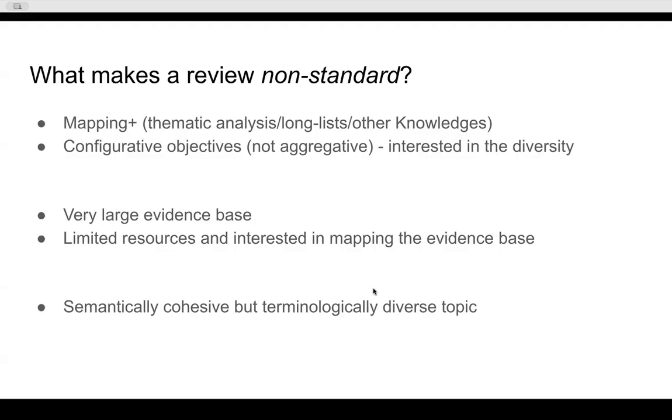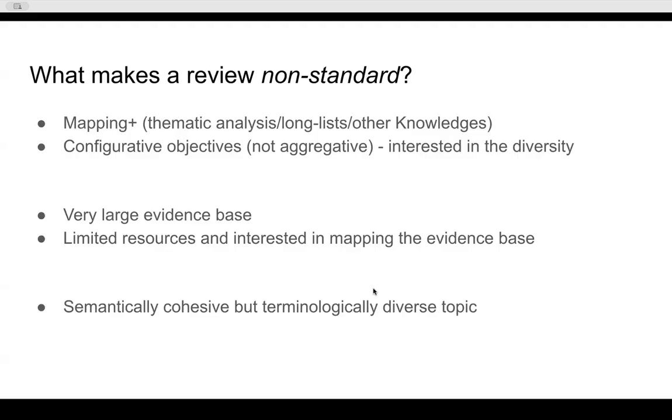Or it might be that we would use mapping to look at some other form of knowledge systems. So rather than just academic literature, we could be looking at practitioner knowledge or business knowledge or indigenous and local knowledge that has not been documented in academic literature, but might be in documents of some kind for which systematic review style methods could be adapted.